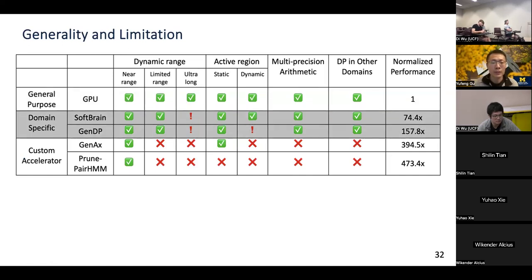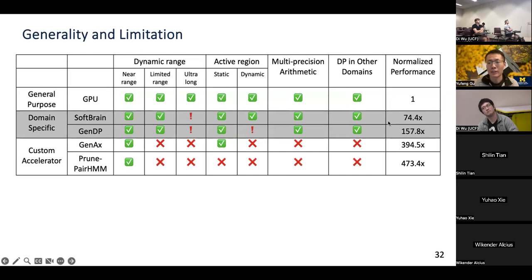Then GenDP or SoftBrain are domain-specific accelerators. So they're programmable. So they support lots of different algorithms. But for some algorithms, there are limitations. The limitations mean it could not efficiently support them.